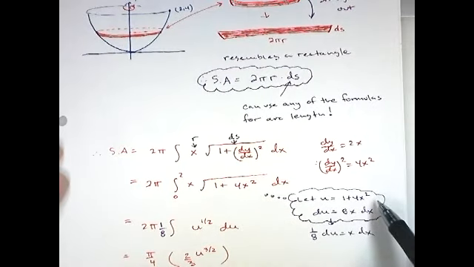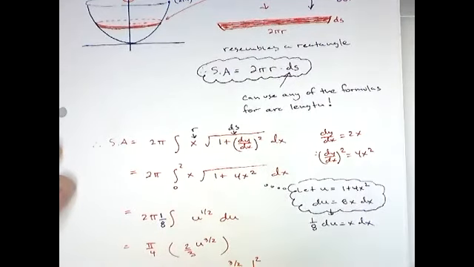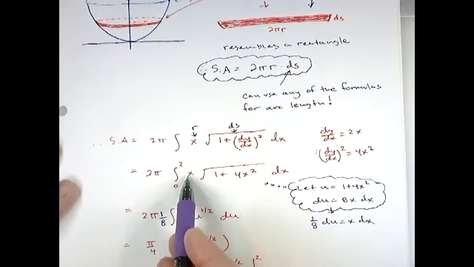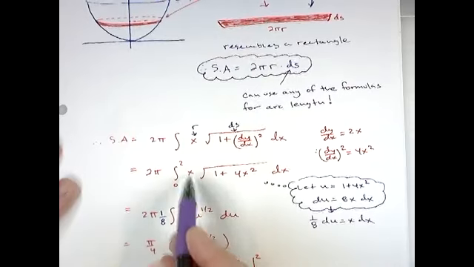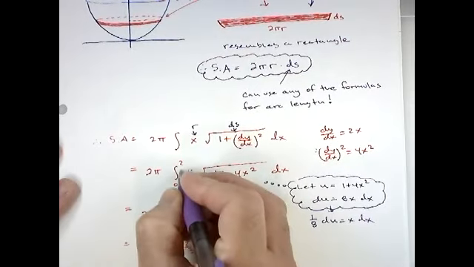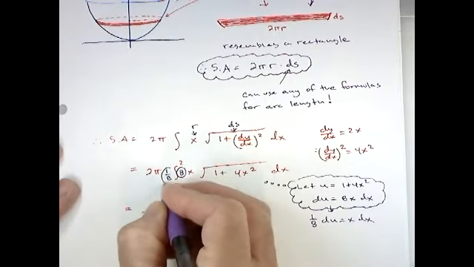If you let u equal the inside of the square root, 1 plus 4x squared, my du will be 8x dx. Remember the wishing technique, I have an x dx, so I can wish for the 8. I should probably put that there. Wish for the 8. Compensate with a 1/8 outside.